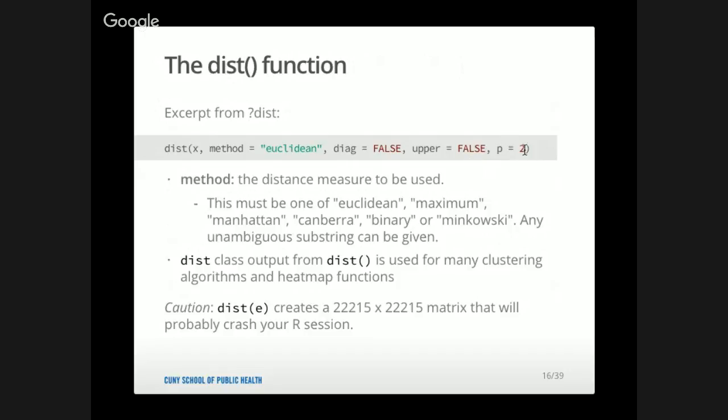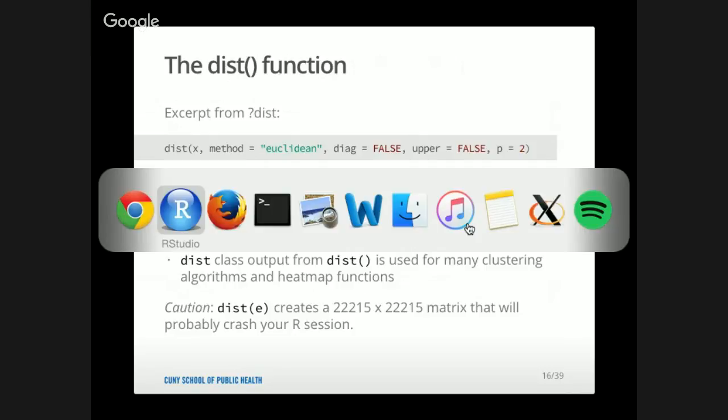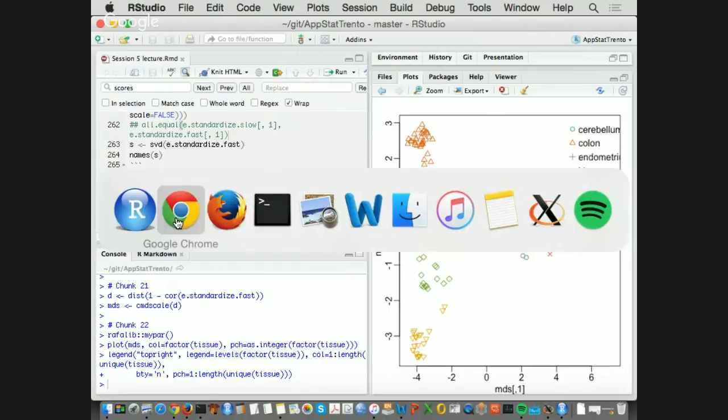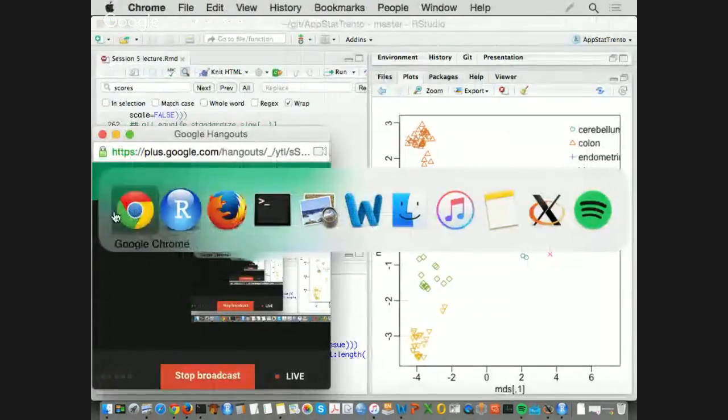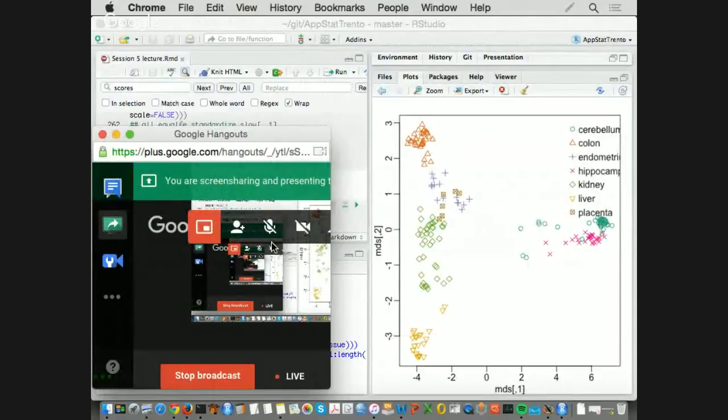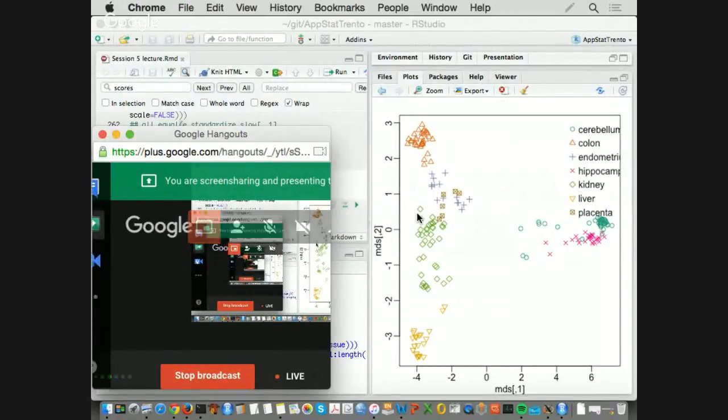P equals 2 only matters for one of these other ones, I think Minkowski distance. Let me check that. Oh, okay, power of Minkowski. So it shouldn't make any difference for Euclidean distance.